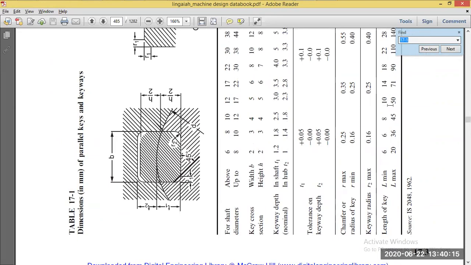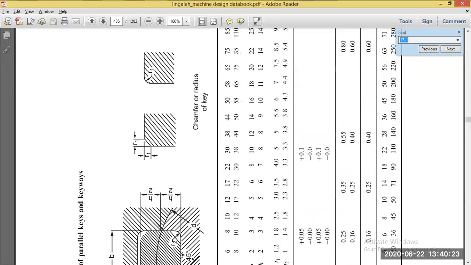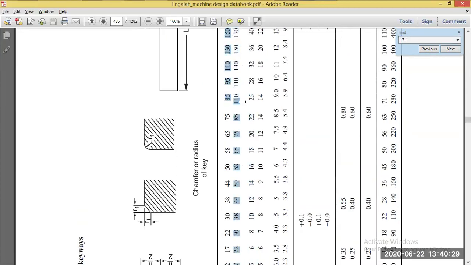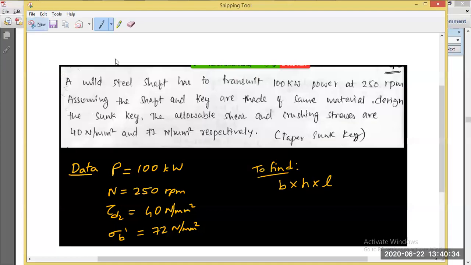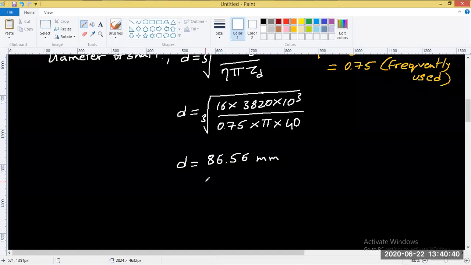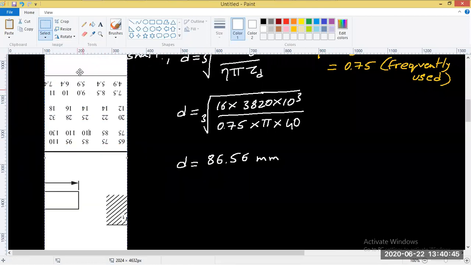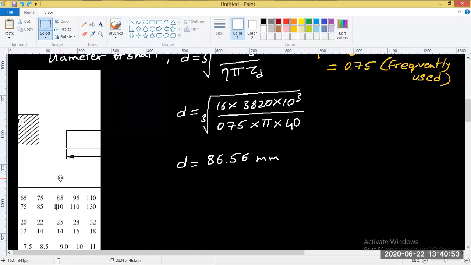Oh yeah, this table 17.1, and we have it here. If you can see here, 85 to 110. I don't think it's quite visible. Let me just adjust that. Paste it here and rotate this 90 degrees towards right. Yeah, right here.